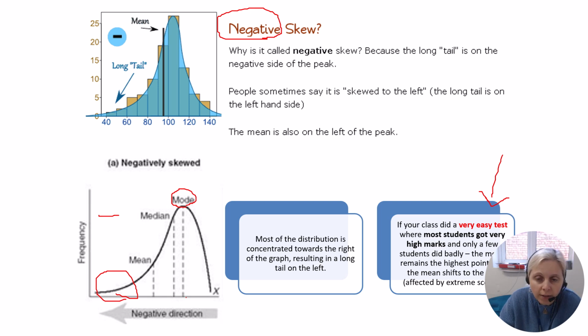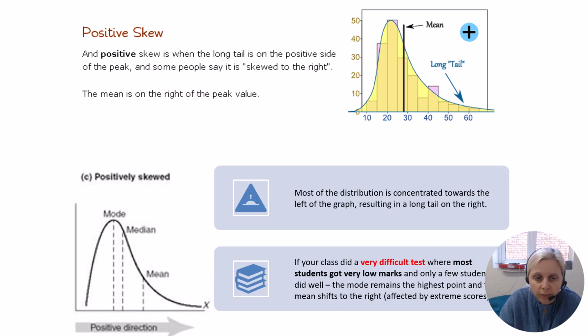So if it was a test, it would mean that it's a very easy test. Now, once you remember this, the positive skew is just the opposite. Positive, there's no minus here, it's at the end. So that's a plus, and that means that the test was very difficult because the majority, mode means the majority of people scored quite low.